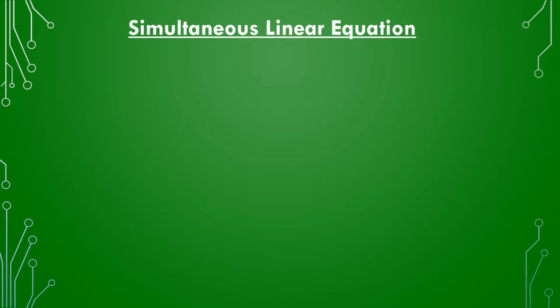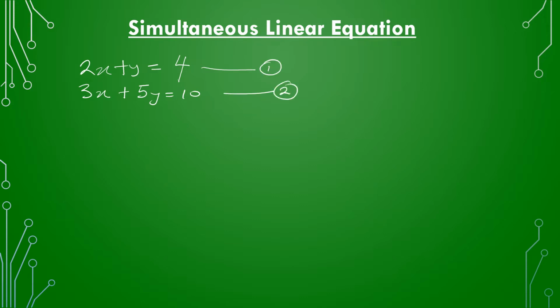Now, when we say simultaneous linear equation, let's take a practical example so you can get the big picture. We have an equation, say 2x plus y is equal to 4. And then we also have 3x plus 5y is equal to 10. Let's call this equation 1 and this equation 2.